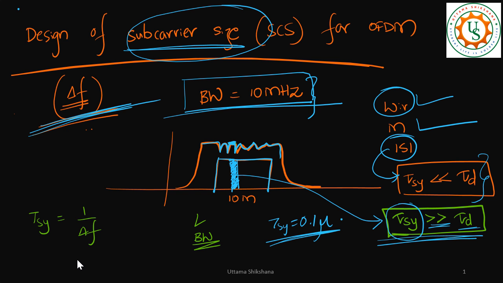And we know that the symbol duration is related to the subcarrier spacing with this. So definitely the first condition is that the symbol duration should be far greater than the τd. And τs is related to the subcarrier spacing by this formula.